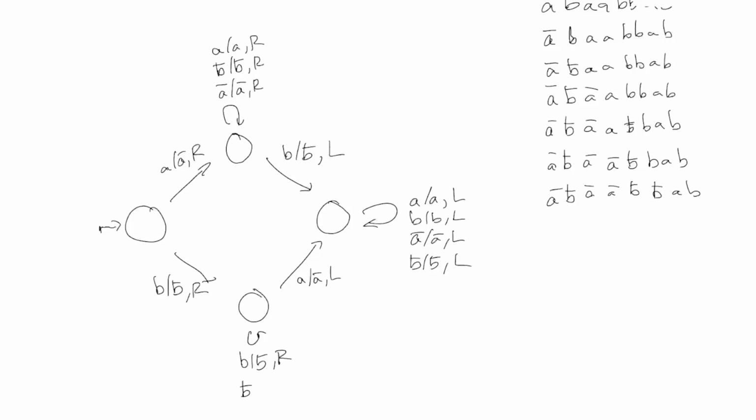Sorry, this should say B bar, B bar R, and A A R. No, A bar R. I'm looking for an A, so I move through everything else. All right. Now, after marking off, this thing is going to move all the way to the left to the very beginning. It will see a blank, and that's my pitch back to the beginning. Blank R.